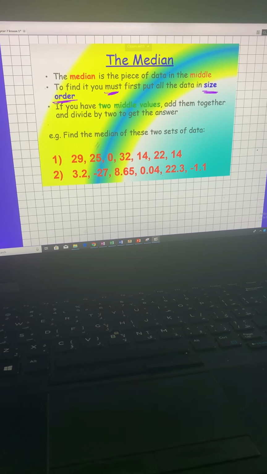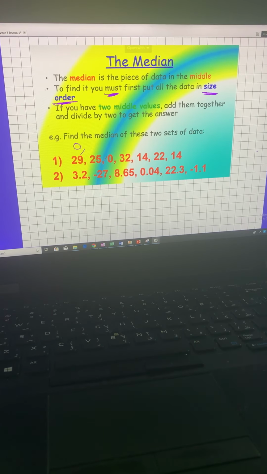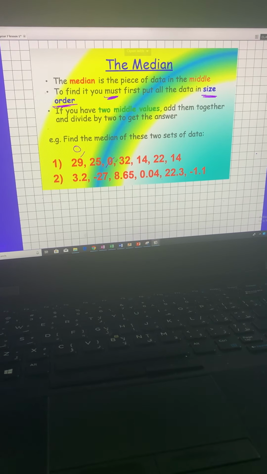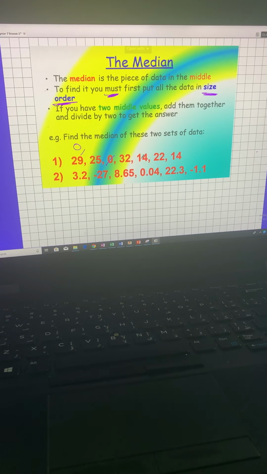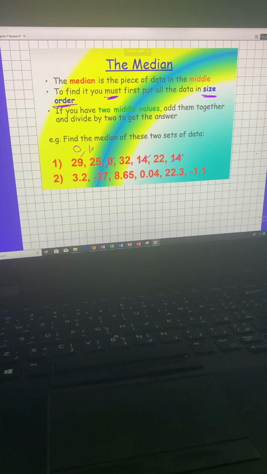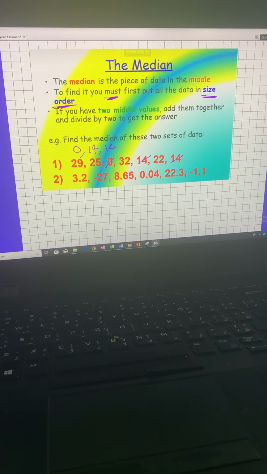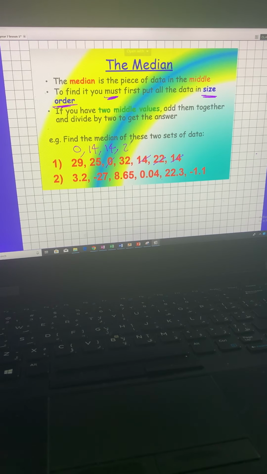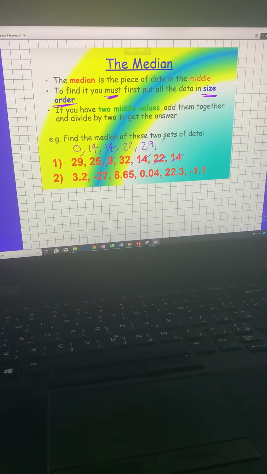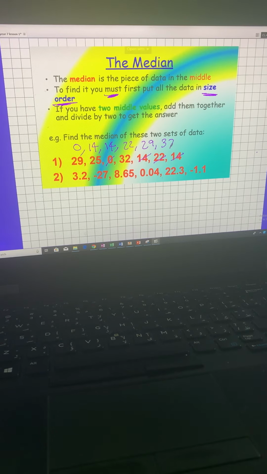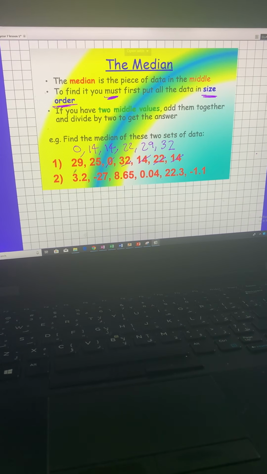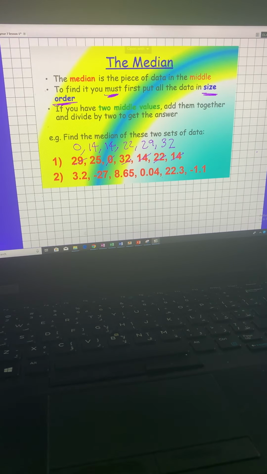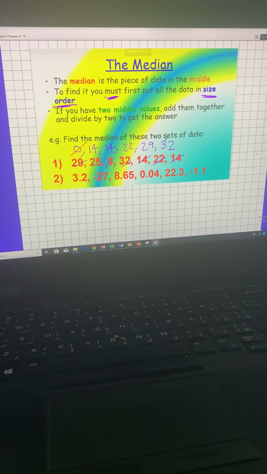So let's have a look at number 1. The smallest number is 0. I always cross it out. Then the next smallest numbers are the two 14s. So I write it out in order. Then we have 22, 29 and 32. Okay, and all you do is you start crossing it out.